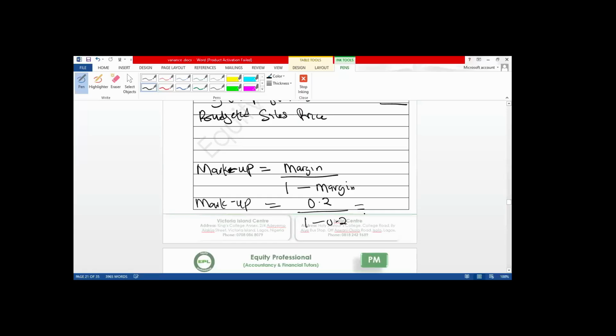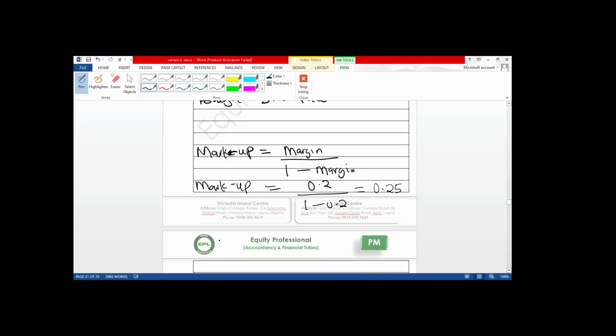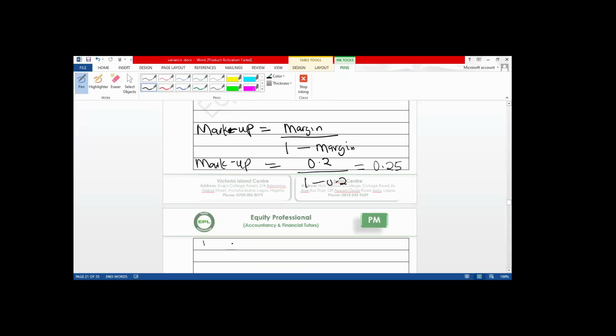That will give you your markup. If you work it out, your markup is 0.25. That is, our markup is 25%.